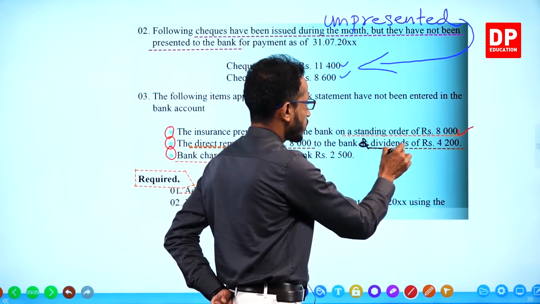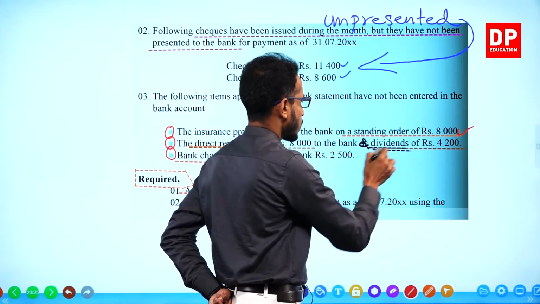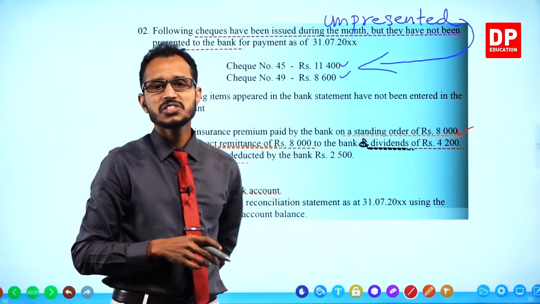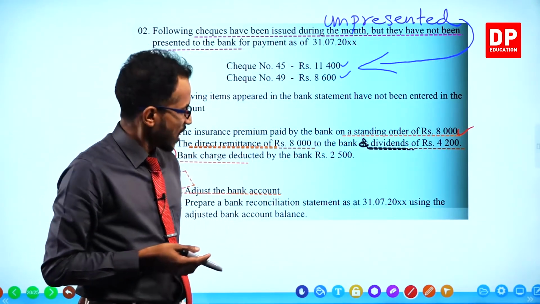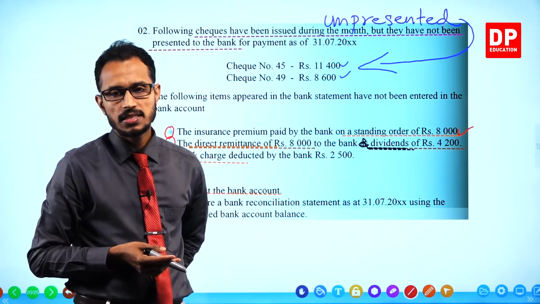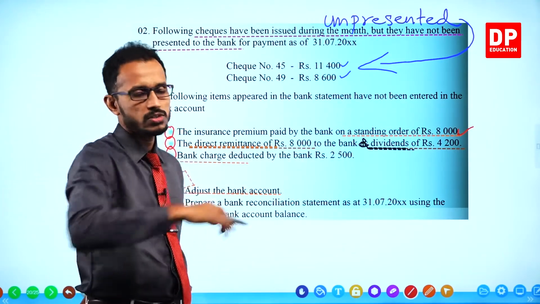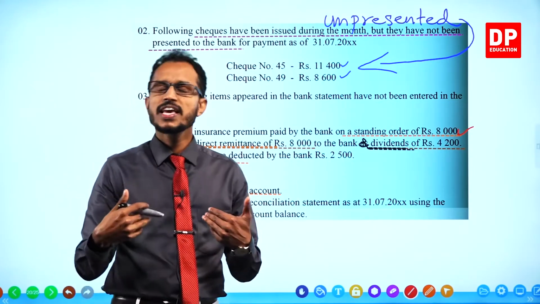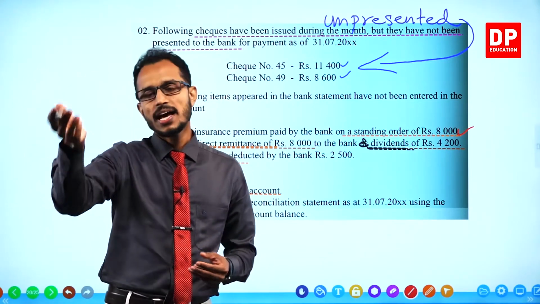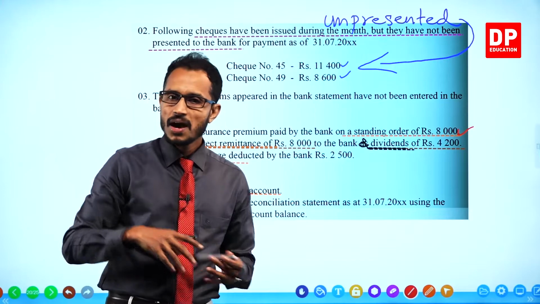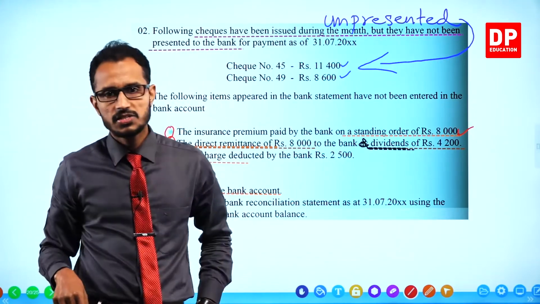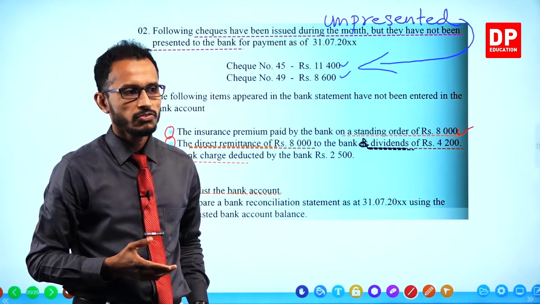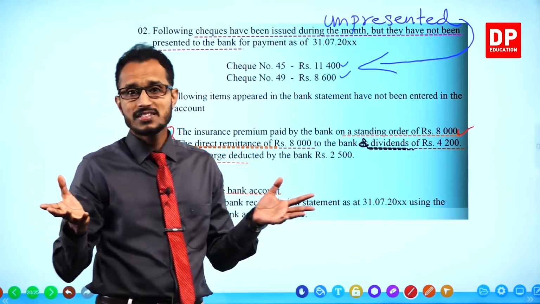Now children, if you don't know what dividends are, they are the profit share of a company which is paid to the shareholders of that company. As businesses, we can invest our money to buy shares of other companies. Let's say we bought some shares of Sampath Bank.